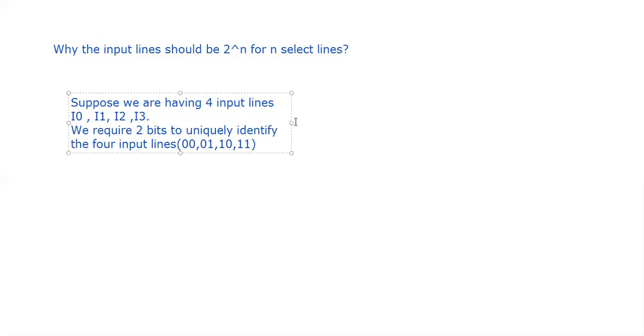So therefore, suppose we are having n bits, 1 for each select line.